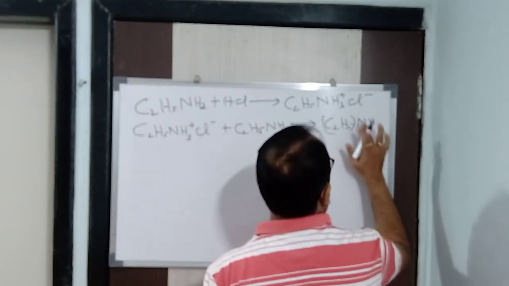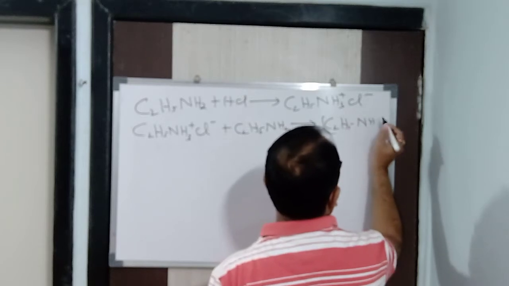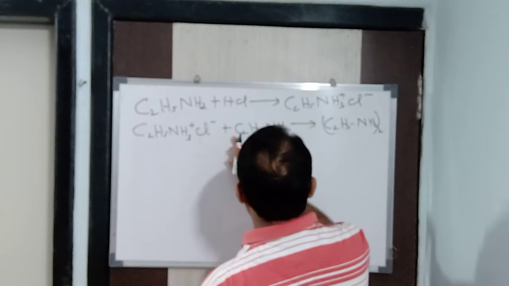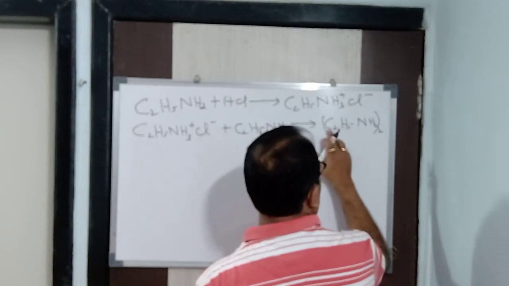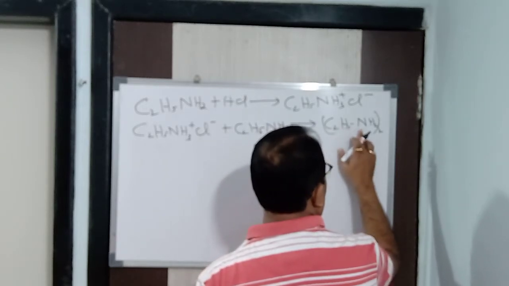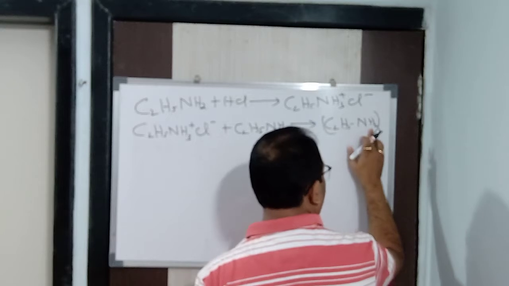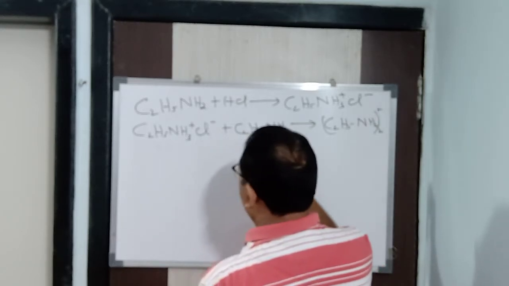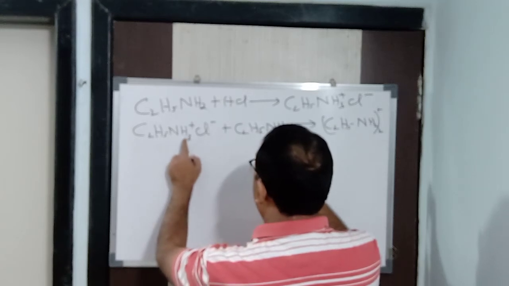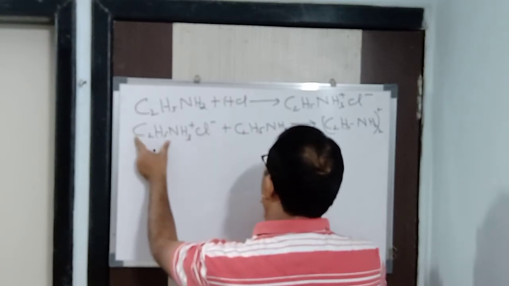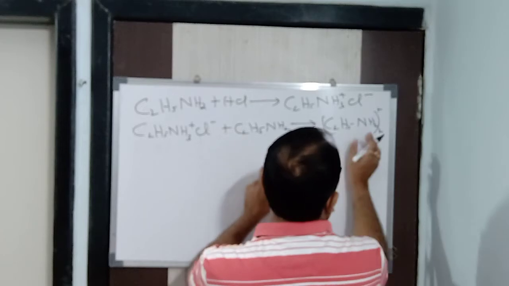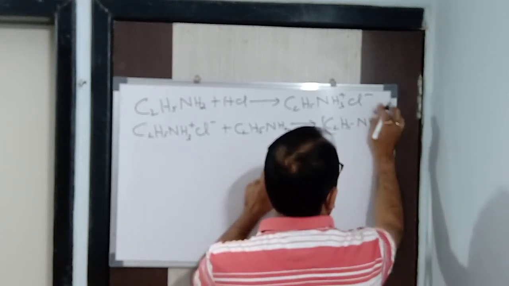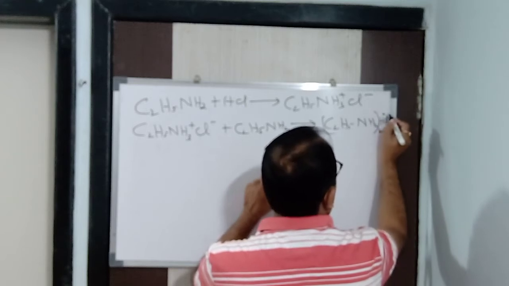Let me also write it in this way: (C2H5)2NH2+. Instead of writing C2H5 whole twice, I can write (C2H5NH2) with H+ and Cl-.